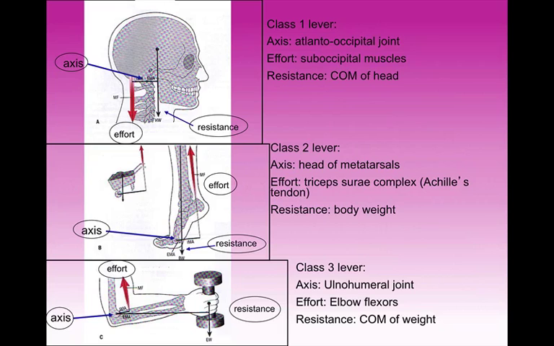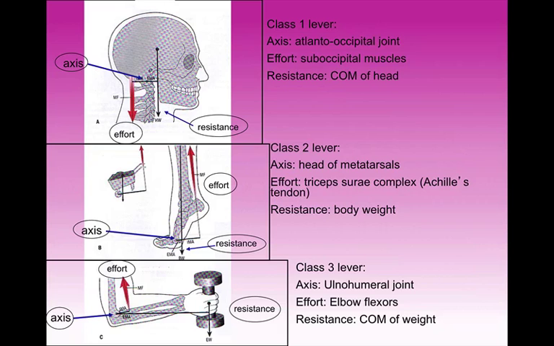In the body, most of our levers are Class 3 levers. There are a few examples of Class 1 and 2 that you can find. A Class 1 lever could be looked at in the atlanto-occipital joint.